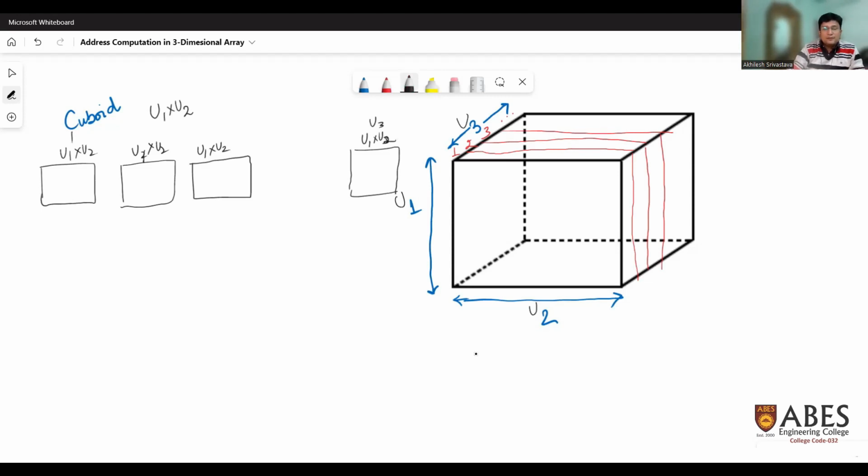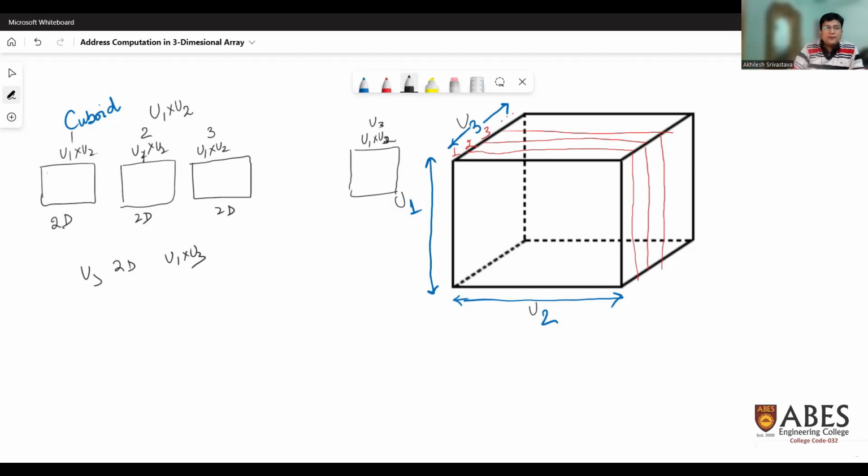We will have u3 such slices. All these slices are actually 2D arrays. So we can assume that we have u3 2D arrays of size u1 cross u2.